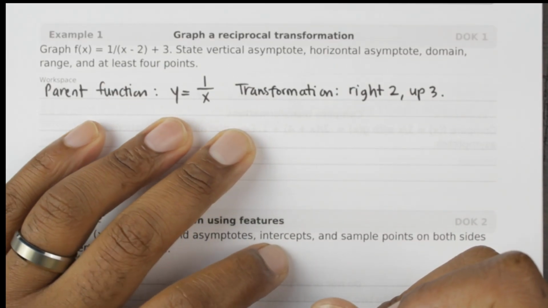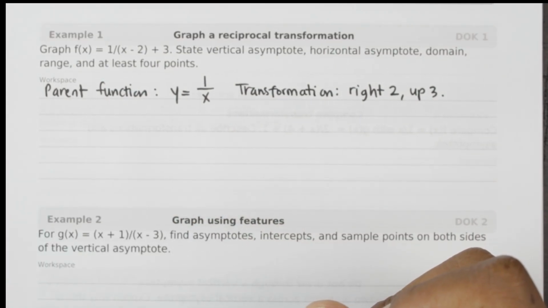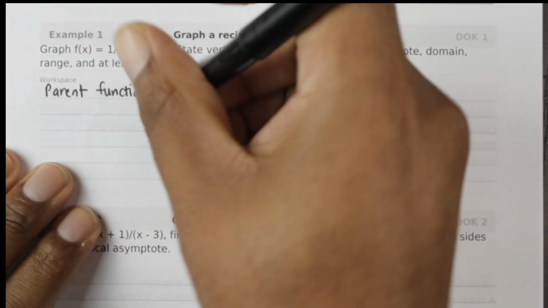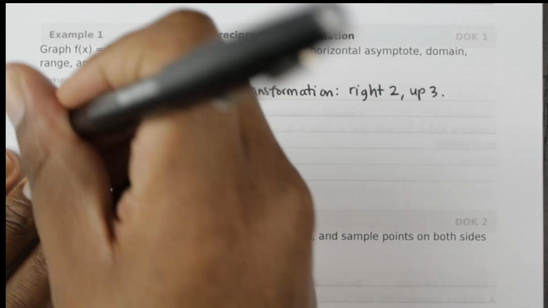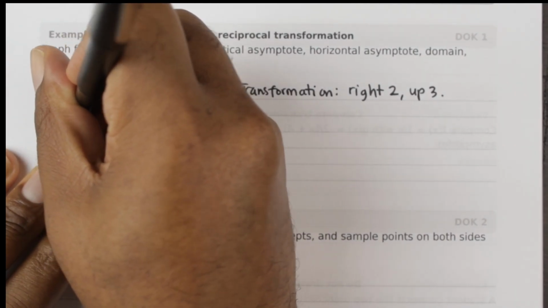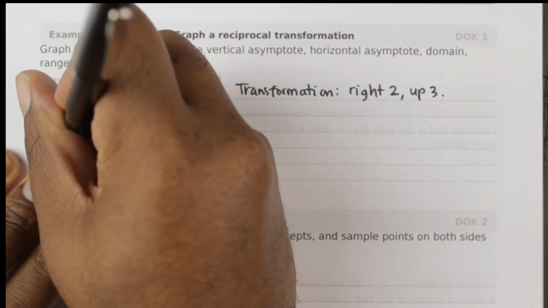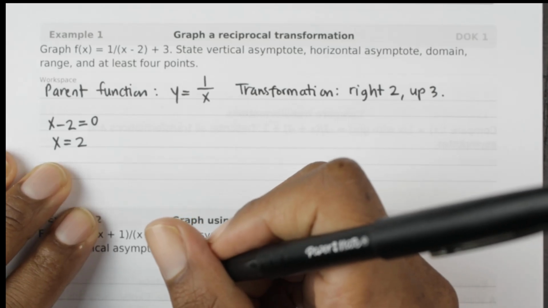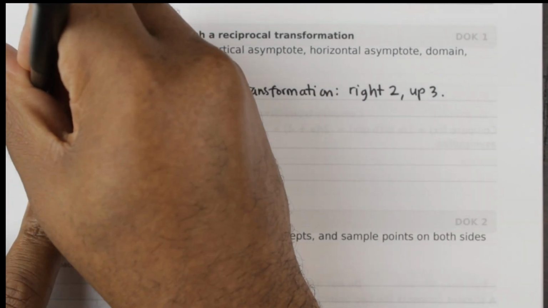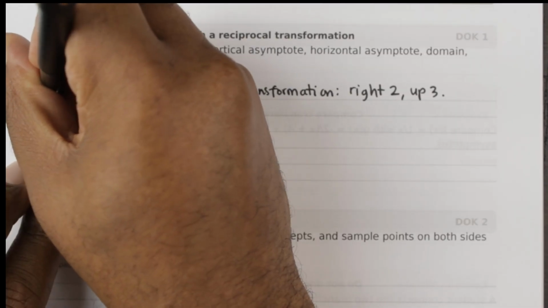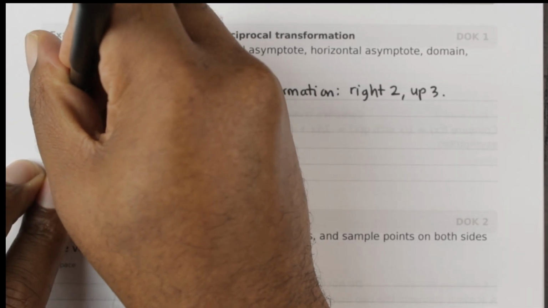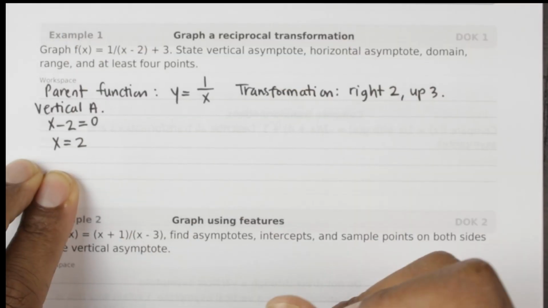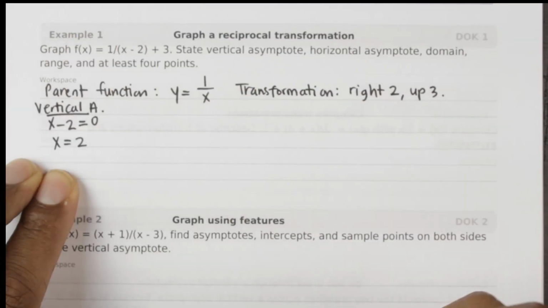For the vertical asymptote, we set the denominator equal to 0. So x minus 2 equals 0, so this is the vertical asymptote, x equals 2.